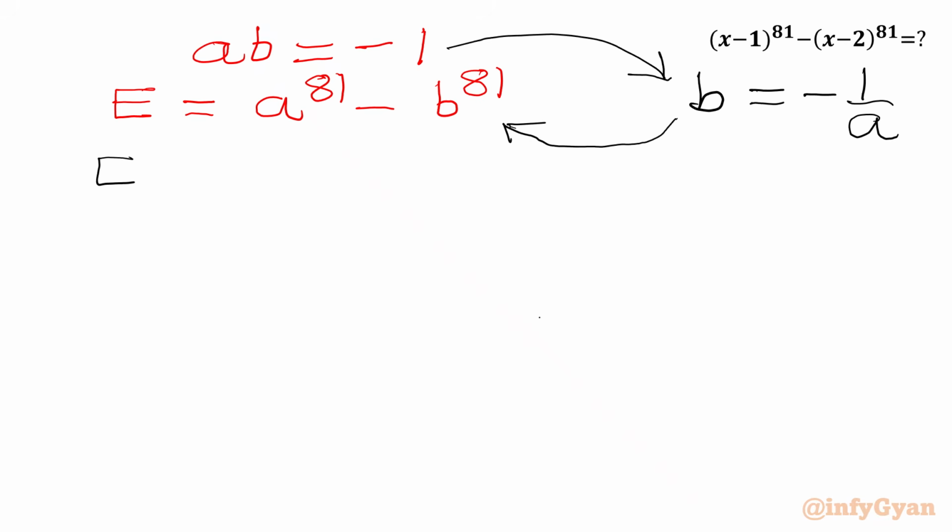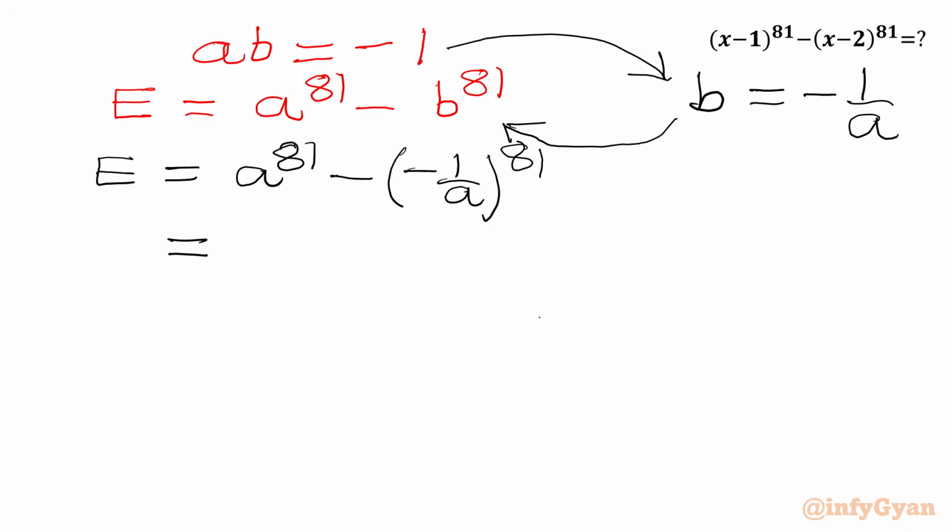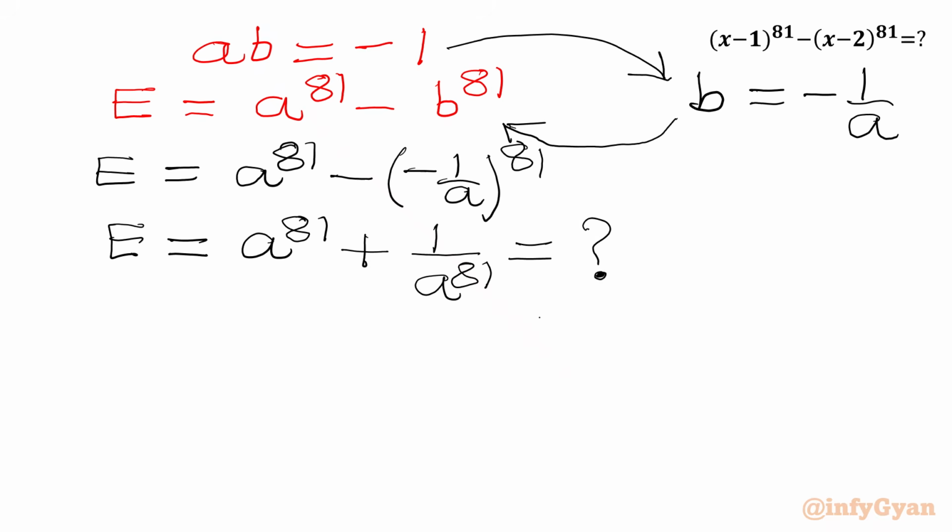So E will become a power 81 minus (minus 1 over a) whole power 81. Minus 1 with odd power is minus 1. So the required expression E will become a power 81 plus 1 over a power 81.